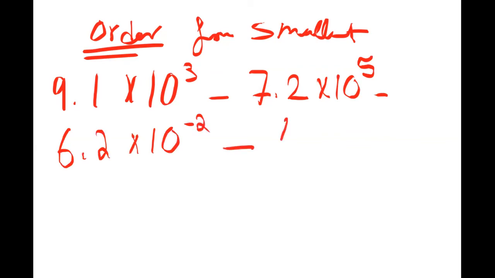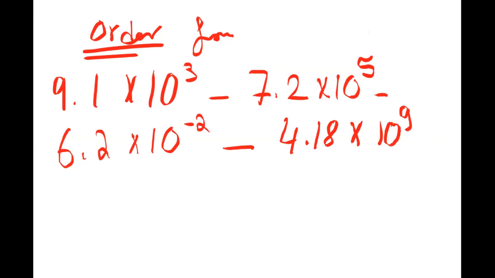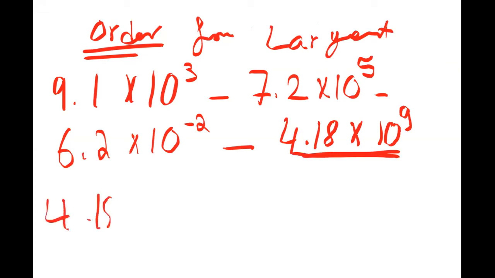Then 4.18 times 10 power of 9. I ask here to put it from the largest. So no need to write them in expanded form. We can look for the power. The highest power, this means my largest number. So this is my largest number, 4.18 times 10 power of 9.